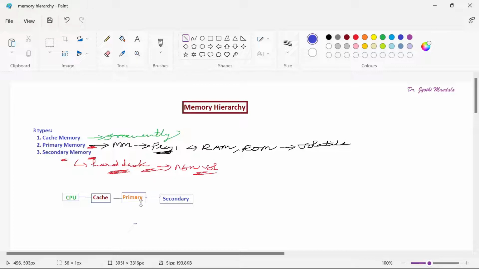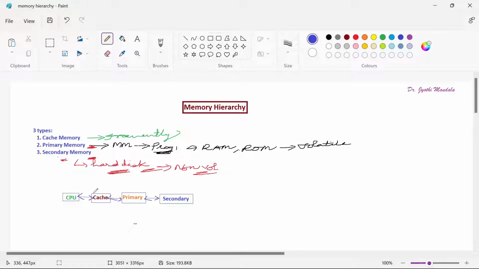Once the program execution is done, it will be stored back into the secondary memory, and the next program you want to execute can be loaded. So we can say it is bidirectional, this way and this way. Once the execution is done, the data is stored back into the secondary memory, because I already told you secondary memory is non-volatile. This is the way the CPU accesses the data.